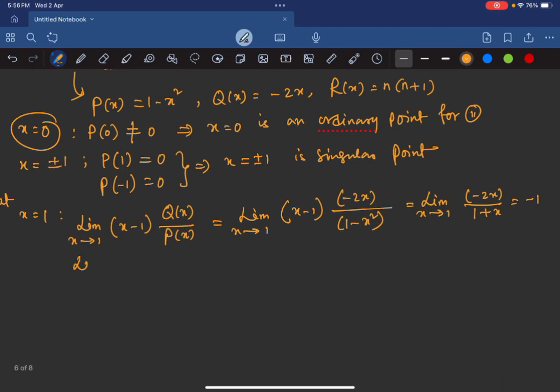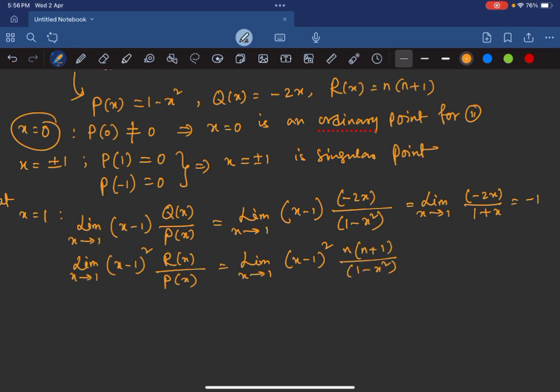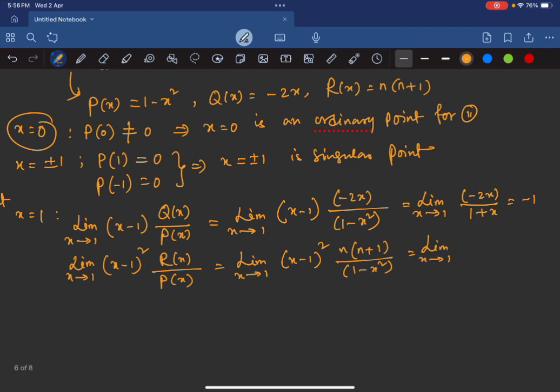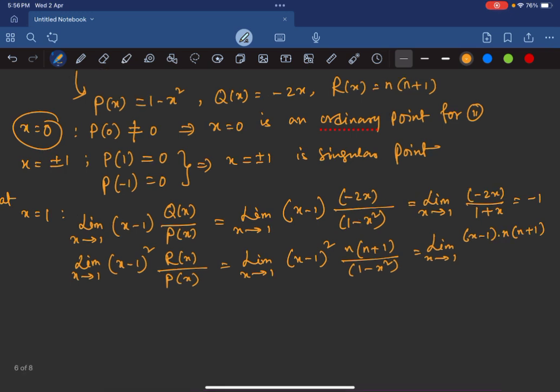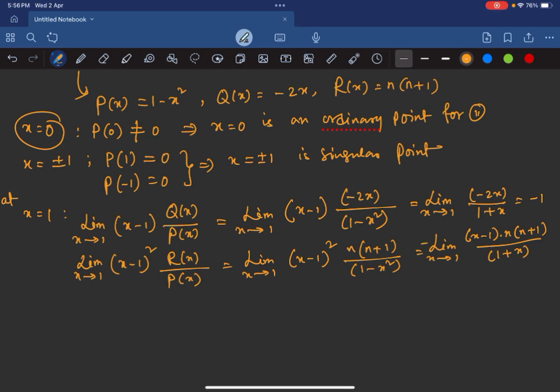Similarly, if you want to check this one, limit as x tends to 1 of (x minus 1) square r(x) by p(x), that is limit x tends to 1 of (x minus 1) square, here n into n plus 1 by 1 minus x square. So the value should be limit as x tends to 1, here you will be getting x minus 1, n into n plus 1, and obviously 1 plus x, and you will get the minus sign as well.